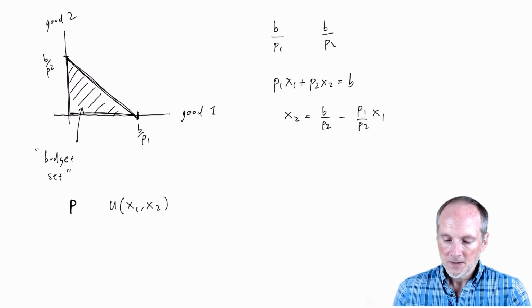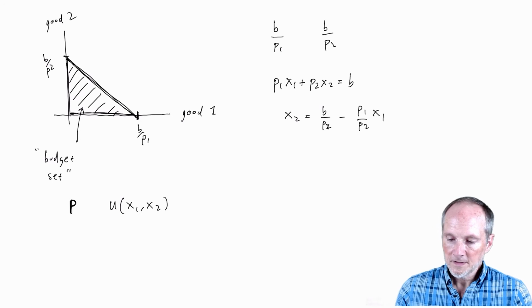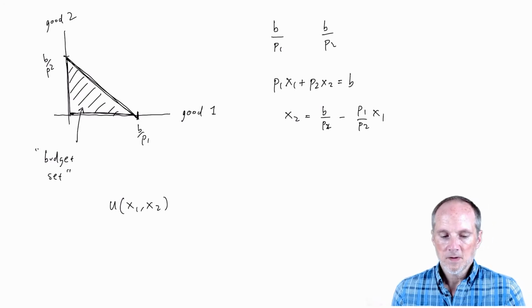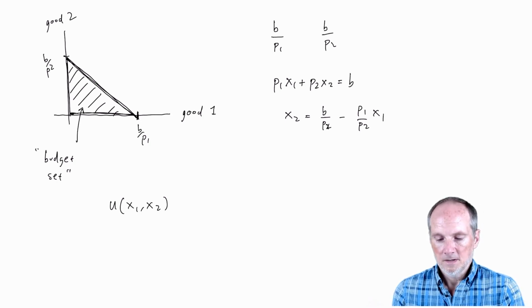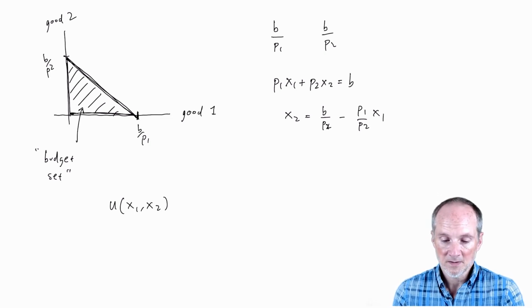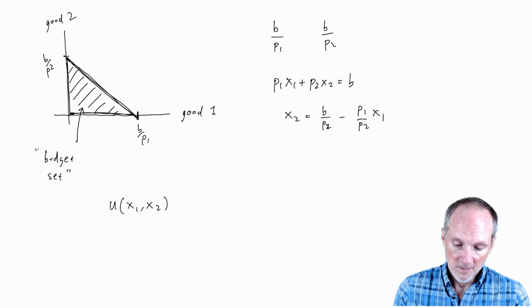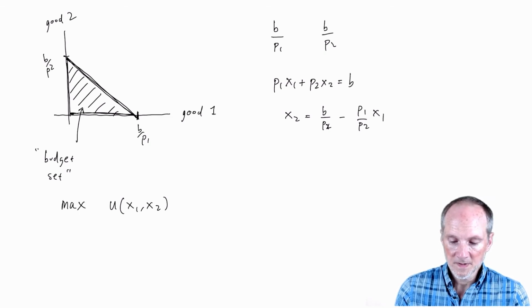All right, and so given that utility function, we invoke the optimality principle, and the consumer in the rational choice framework is going to choose the best bundle that's available, that is the best bundle in this feasible set. What that means is they're going to maximize this utility function.